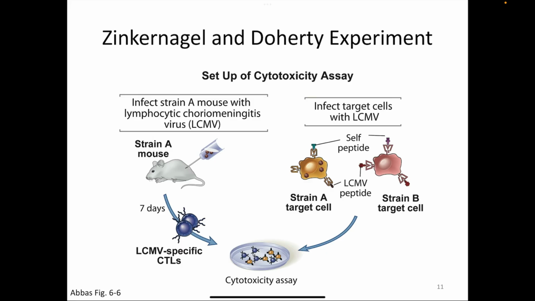One type is also from a strain A mouse, so it is a mouse that is genetically identical to the mouse that they used originally. These are just some cells from that mouse that have been infected with LCMV. So these are infected cells of strain A. They also have some infected cells of strain B. So we've got our strain B infected.